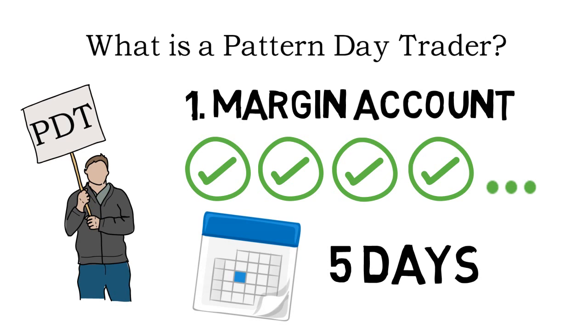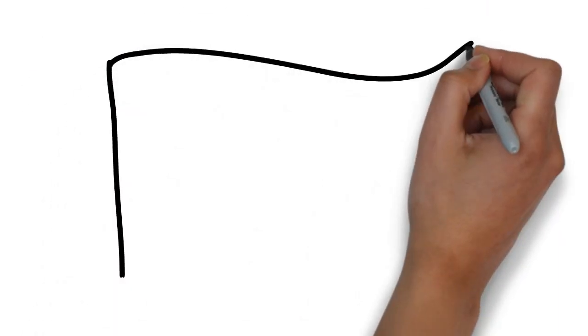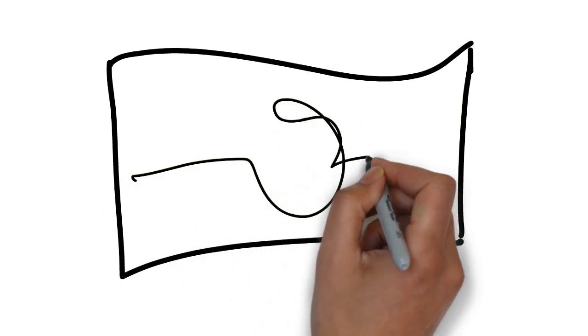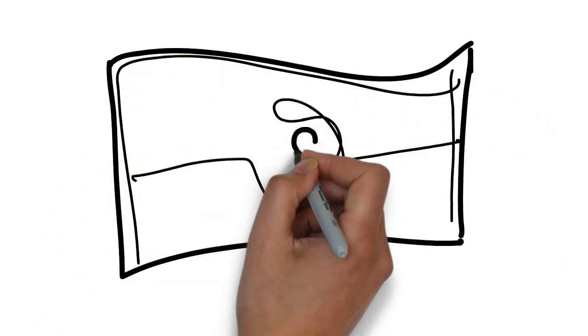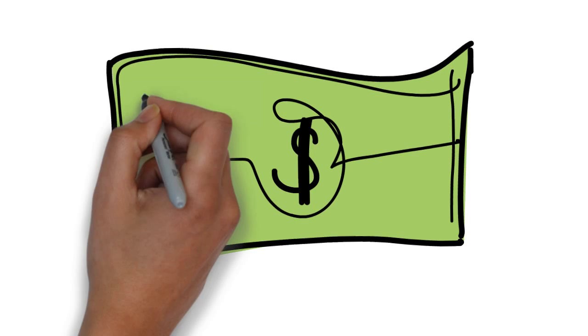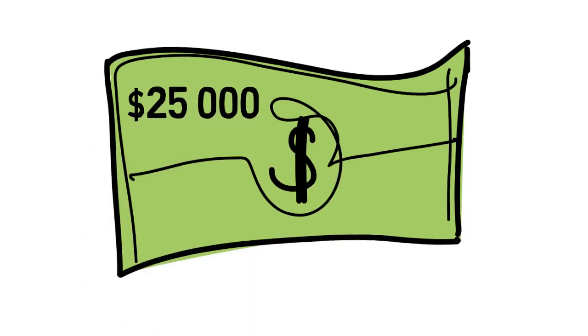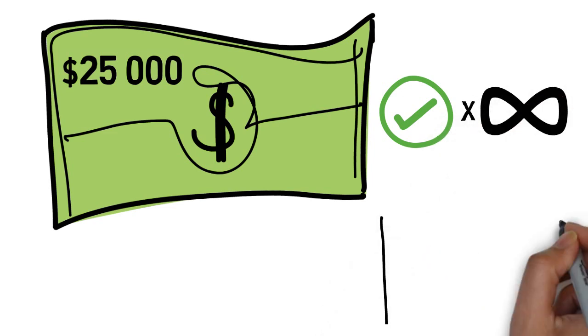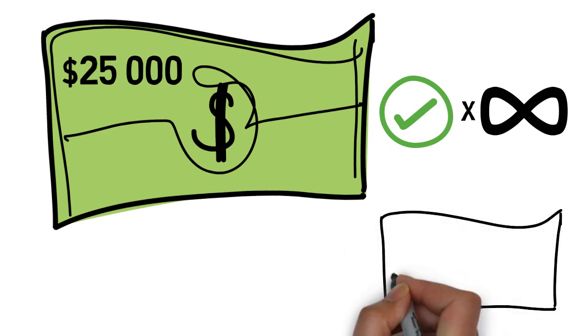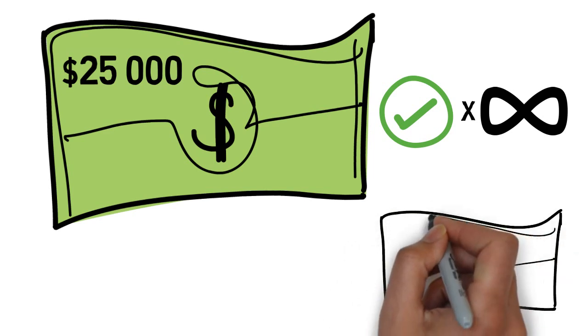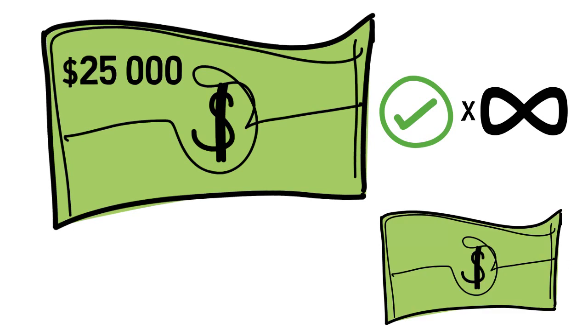Getting flagged as a pattern day trader isn't necessarily something bad. The bad thing is people that got flagged as a PDT have to have at least $25,000 in their account. So if you want to day trade more than 3 times within 5 business days in a margin account, you will need to have at least $25,000 in your account.